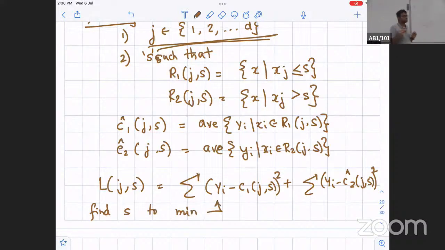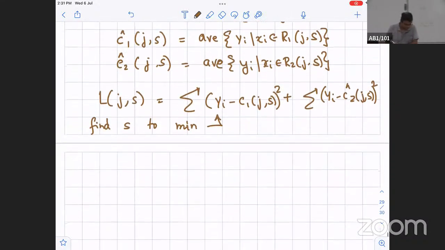So I will try out one after the other. Once I fix a feature to split on, I will try different values of s, split, and see what error I'm getting. I will keep trying and see which gives me the minimum for one feature. Then I will try another feature like this. Whichever gives me the minimum, I will choose that.